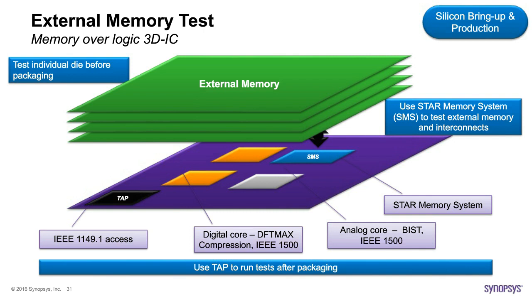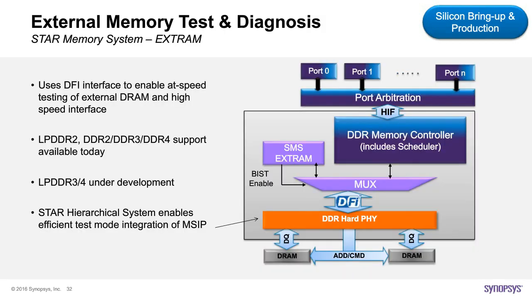So what we do with this SMS blue box sitting in the SoC, we provide high speed, that is at-speed communication for the test and the diagnosis to run through that connection and to be able to test the memories and to test the interconnect between the memory and the SoC itself, and to tell us not only which one is failing, but where that failure is in order to be able to replace it.